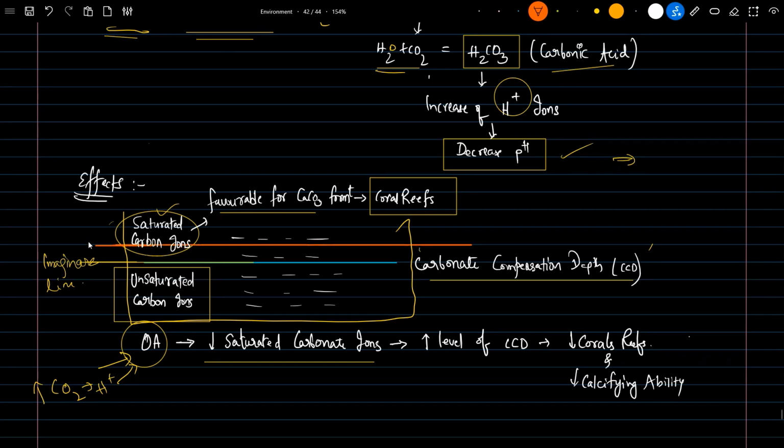So this carbonate compensation depth level is increasing. Decrease of saturated carbonate ions leads to an increase in the level of CCD, meaning the CCD level is going up. So it means a decrease of coral reefs and a decrease of calcifying ability. So this is the major effect of ocean acidification.